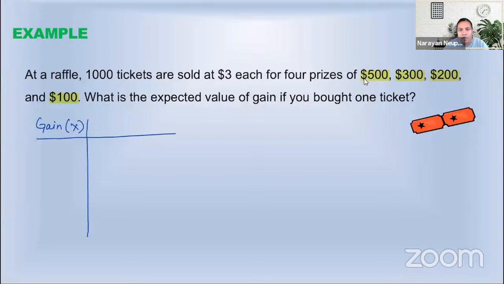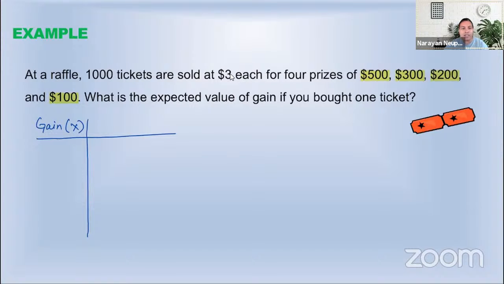Now, as we work on this, try to help me. If somebody got the $500 prize, what is the gain? Somebody bought a ticket for $3. Listen to this very carefully. Somebody bought one ticket for $3 and they got a $500 prize. What is the gain? $497, because they are getting $500, but they have spent $3.